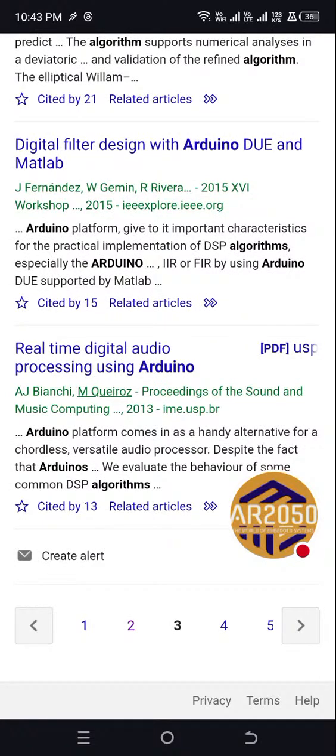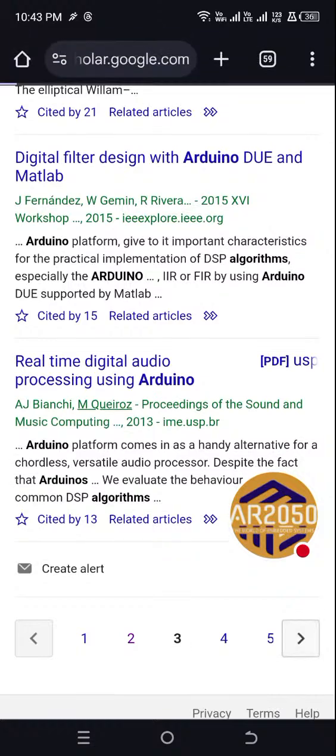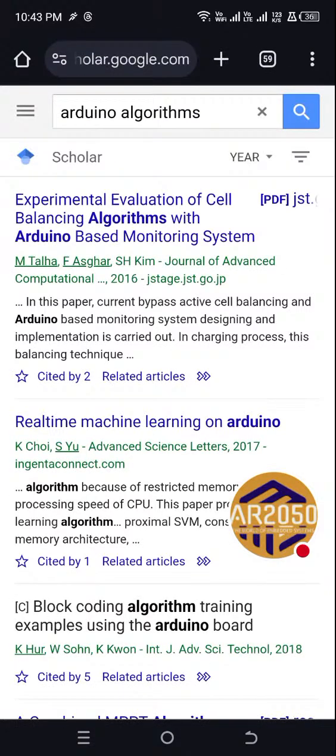Real-time digital audio processing. Audio processing is a good thing. For the past many years, I was trying to work on audio processing on a microcontroller, but I rarely get a good chance of doing that because of a lot of workload.